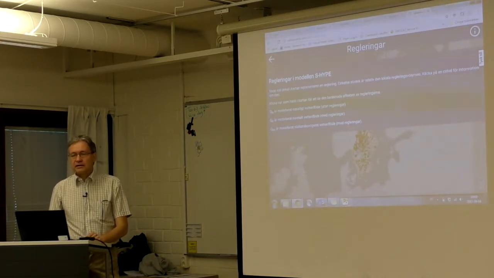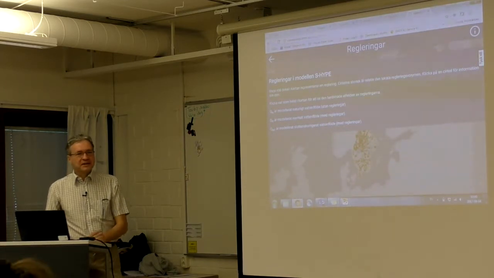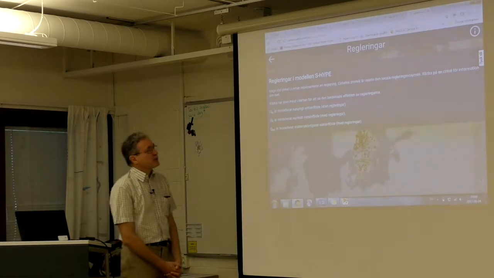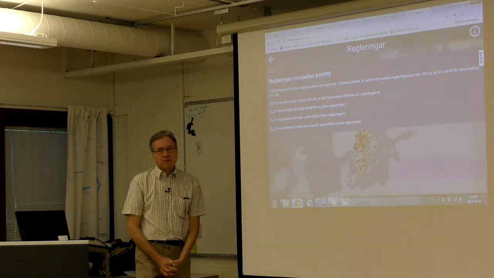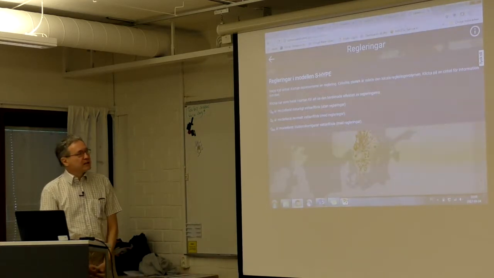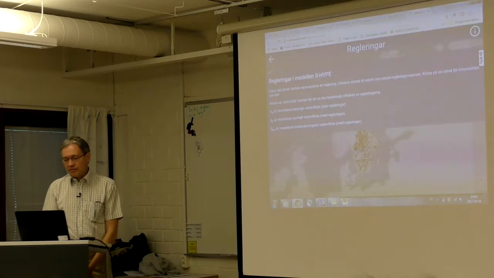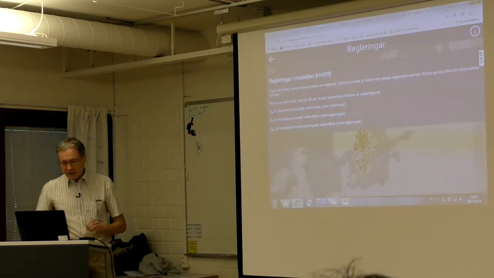Regulations. I think that Sweden is a very highly regulated country in many senses, but when it comes to hydropower in particular, this was what I intended to say. And we depend quite a lot on hydropower when it comes to electricity. Almost half of the electricity that we consume is produced from hydropower.